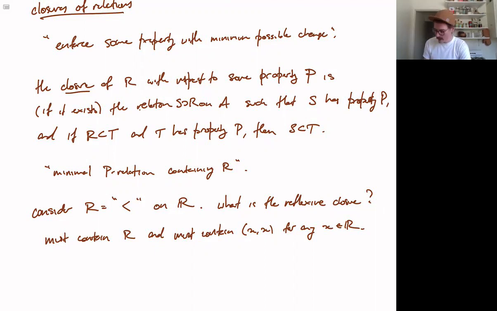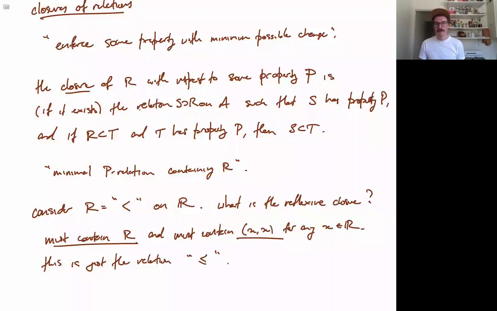In this case, this is the relation less than or equal to, because x is related to y if x is less than y. That's what this is saying. And x is also related to y if x is equal to y.